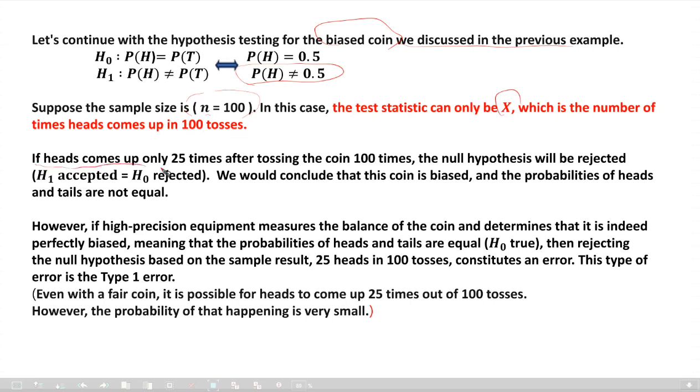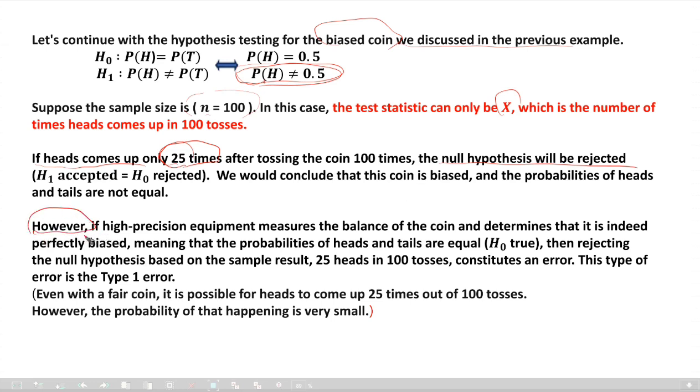If heads comes up only 25 times out of 100, the null hypothesis will be rejected because it is too small. We conclude the probability of a head is not equal to 0.5 because the coin is biased.